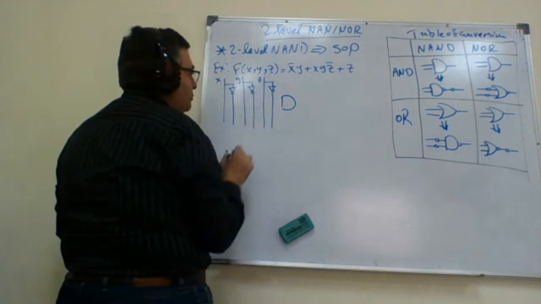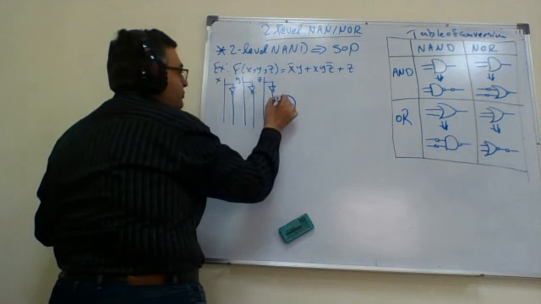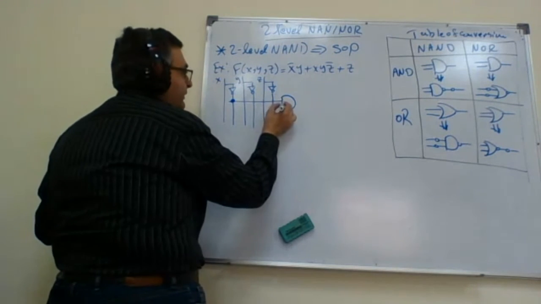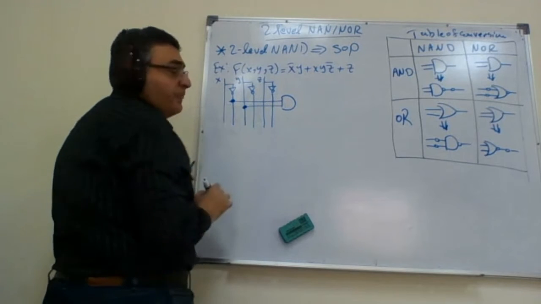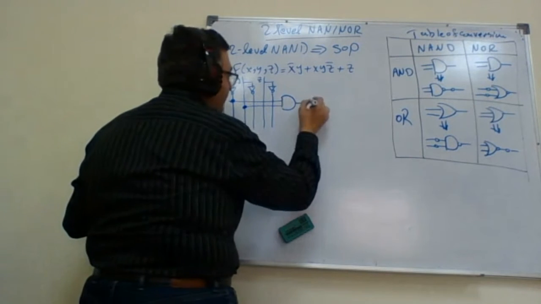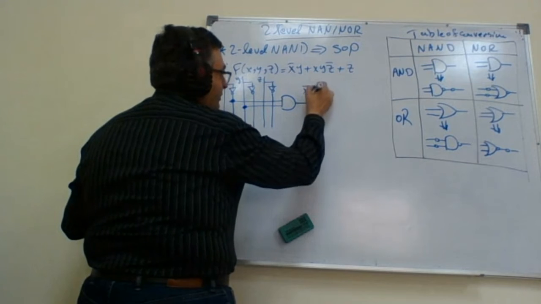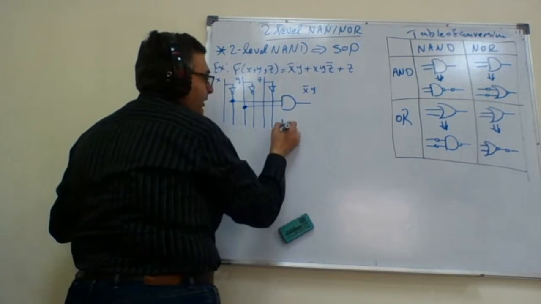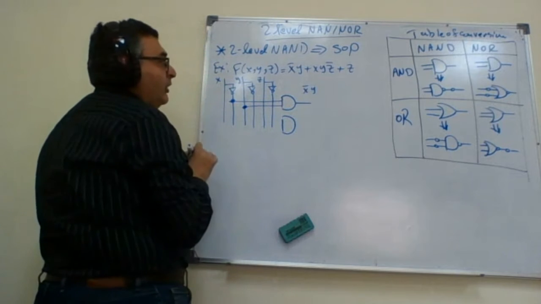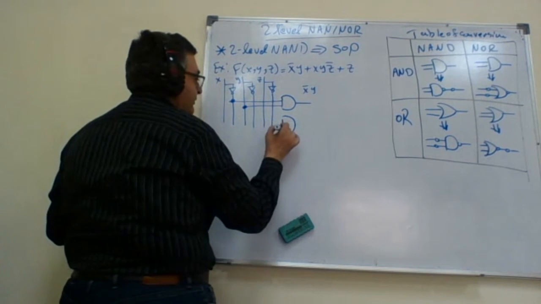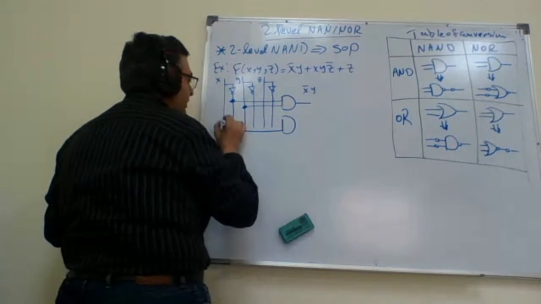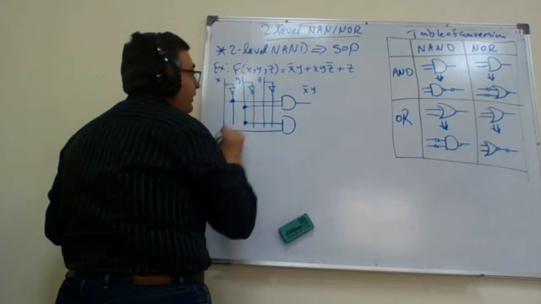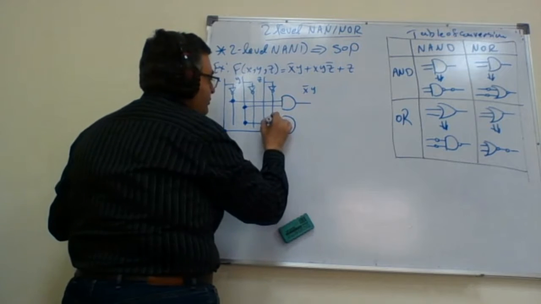This term is connecting X bar, so I have to take a wire from X bar and Y, and here is my Y. So this will give me X bar Y. The second term here is another AND gate, connecting X, here is X, with Y, this is Y, with Z bar, this is Z bar.